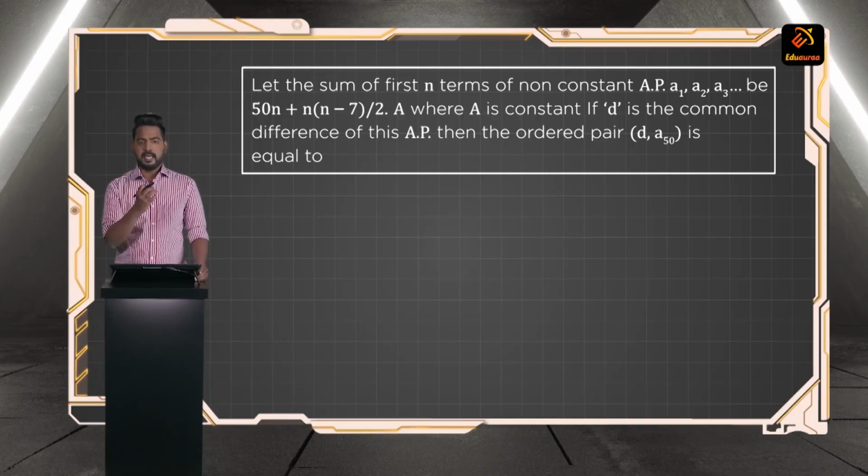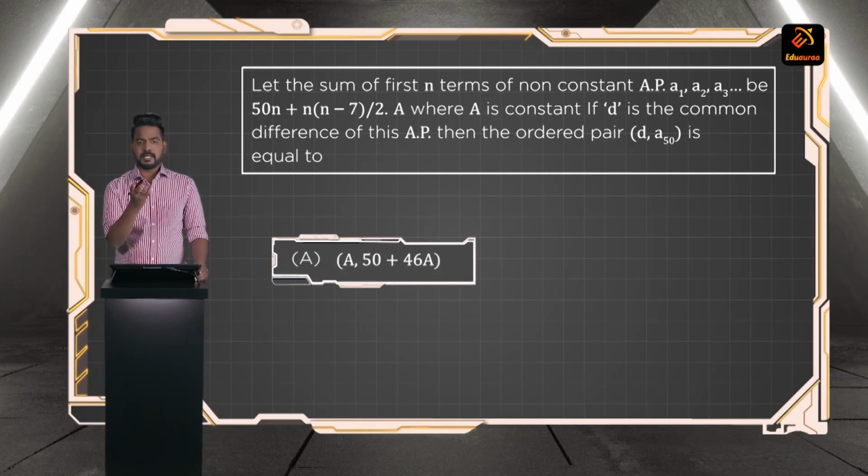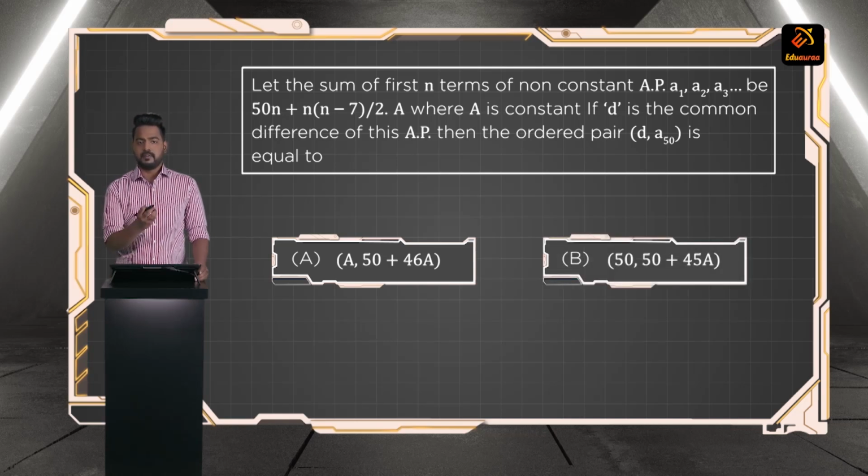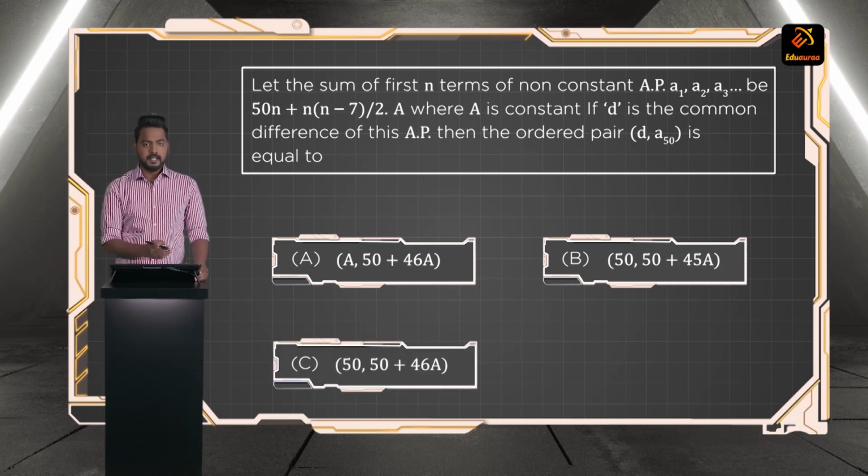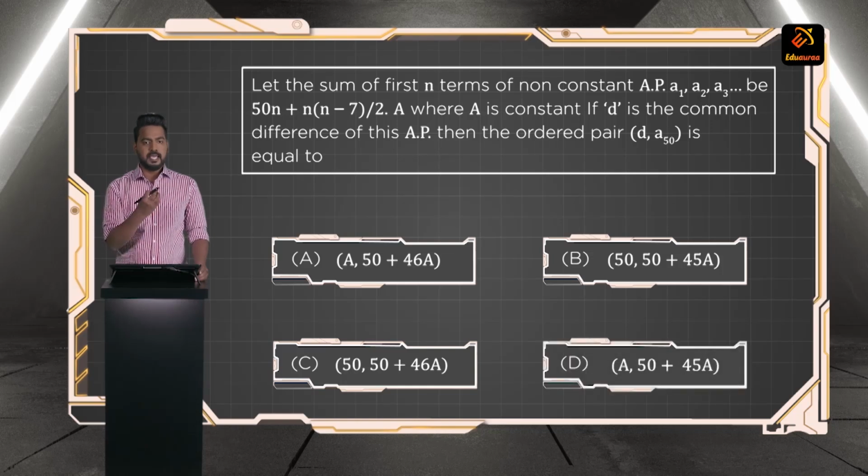This question came in JEE Mains 2019. Option A is A, 50 plus 46A. Option B is 50, 50 plus 45A. Option C is 50, 50 plus 46A. Option D is A, 50 plus 45A.